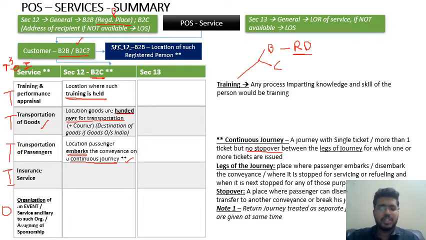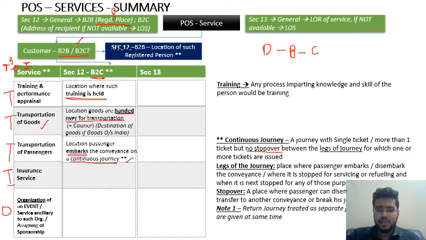There is another explanation to this subsection, guys. It says the return journey should be treated as a separate journey even if the tickets are given at the same time. So what does this mean? Let's say you have booked a round trip, whereby you are starting from Delhi, with a halt in Bombay, and then Chennai.